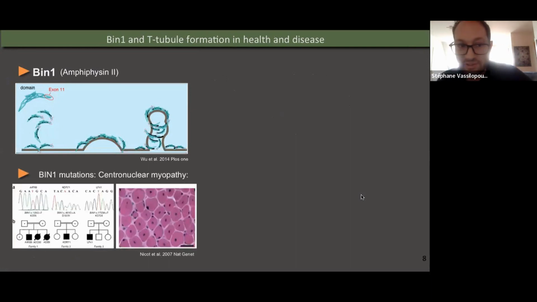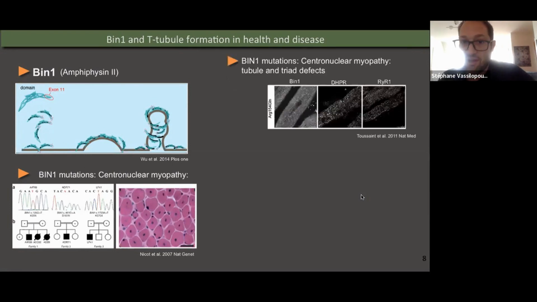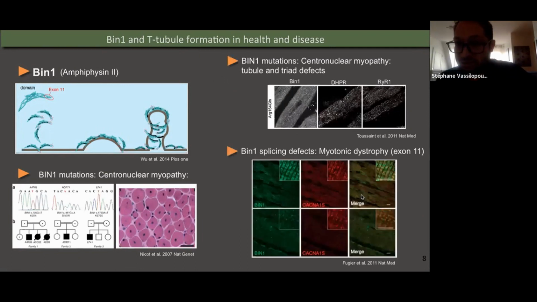But more importantly, Bin1 mutations have been shown to cause centronuclear myopathy, and also to cause T-tubule defects in centronuclear myopathy patients.